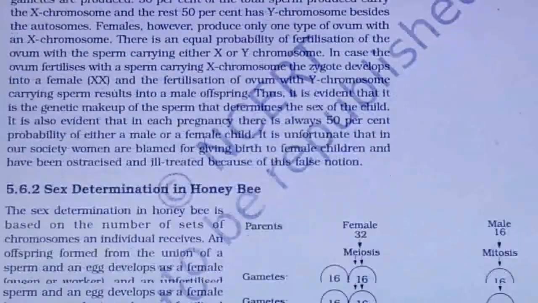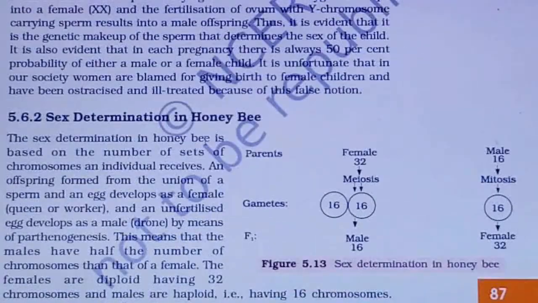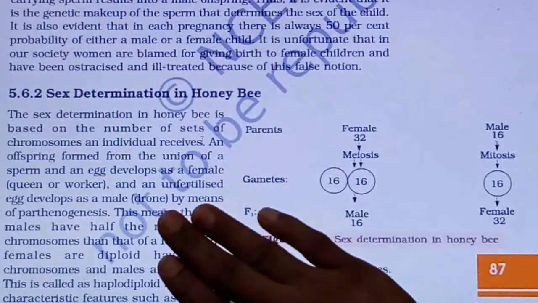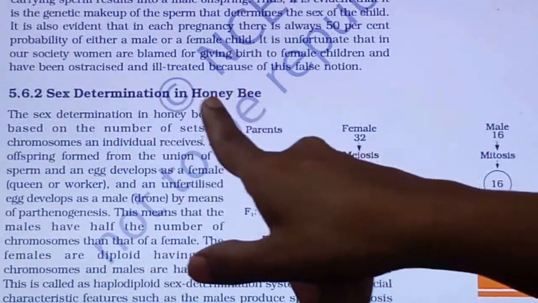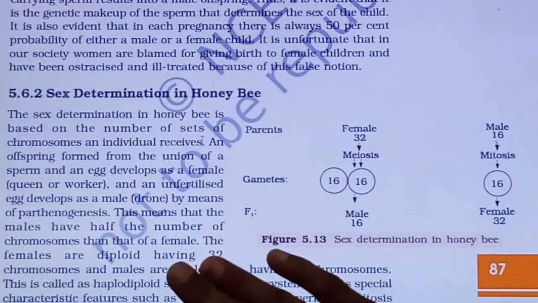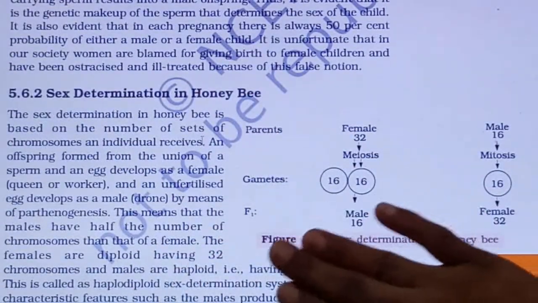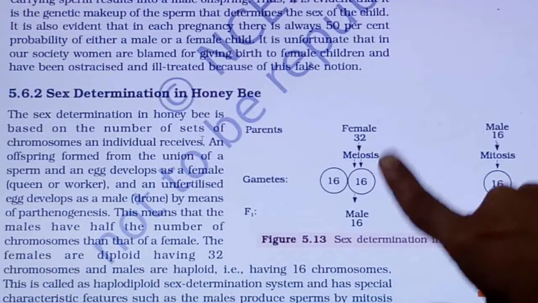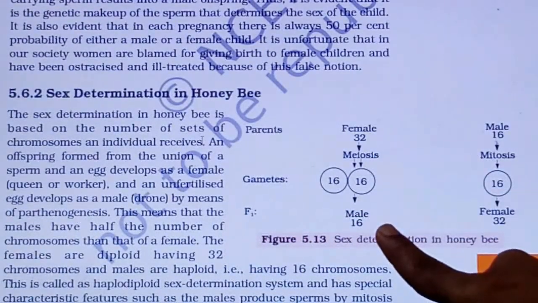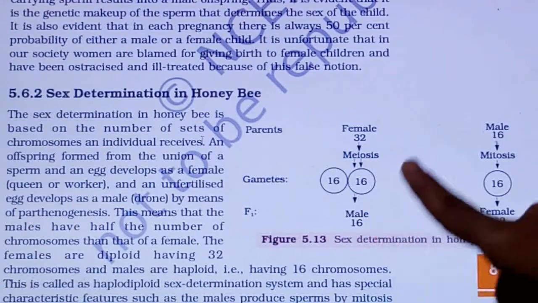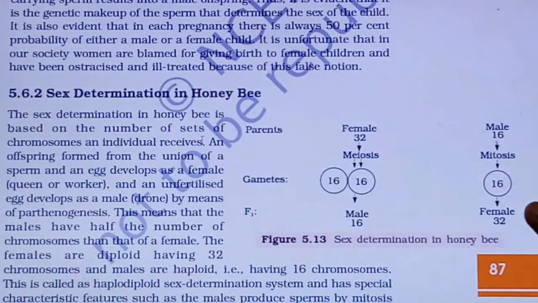Sex is determined by the Y chromosome in human. Now the next point, page number 87, sex determination in honeybee is given. Here you can see who is determining the sex. Whenever the eggs are fertilized, they will give the female, and if the egg is unfertilized, then they will produce a male.